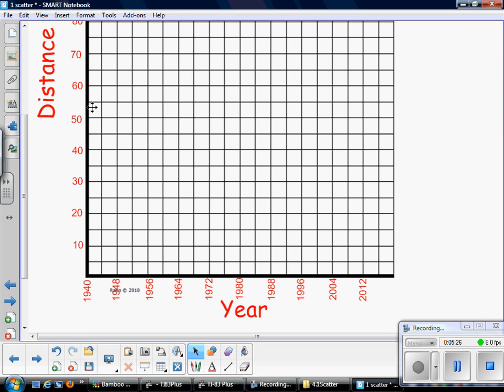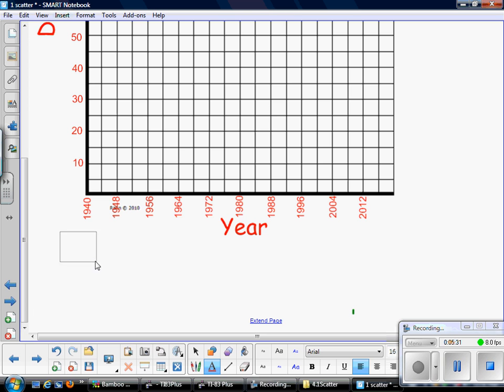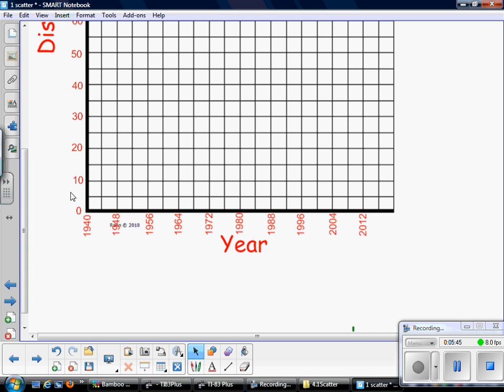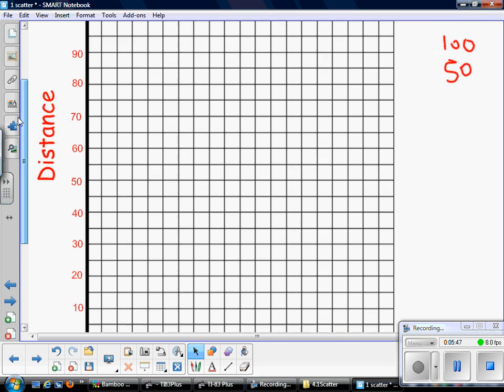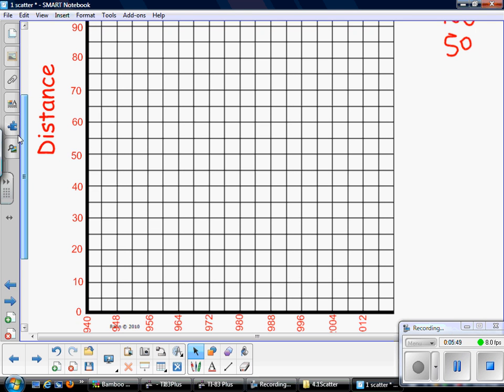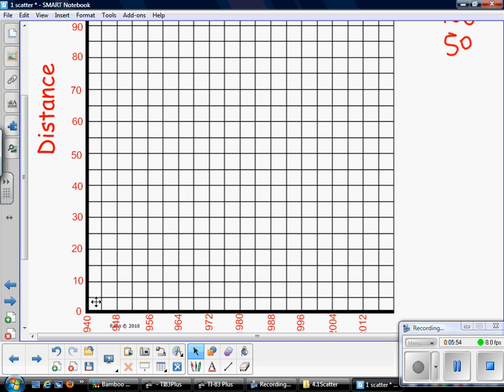Now, for my y-axis, I want to make sure that I am starting at 0. The reason is I know that I'm going to need to create an equation, and so in order to find my y-intercept, I want to start at 0. So each square is worth 5, and I have it from 0 all the way up to 90. I'm not sure whether a person's going to be able to throw it more than that. So that's what I've done with mine.